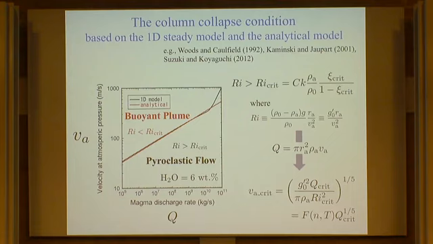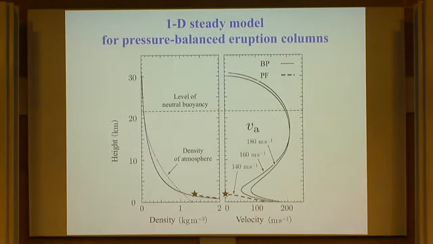Sorry, maybe I missed it. Have you explained why it's the Richardson number that ought to be the prime parameter? This is because if you look at this, it has initial negative buoyancy here, so basically it's heavier than the atmosphere.